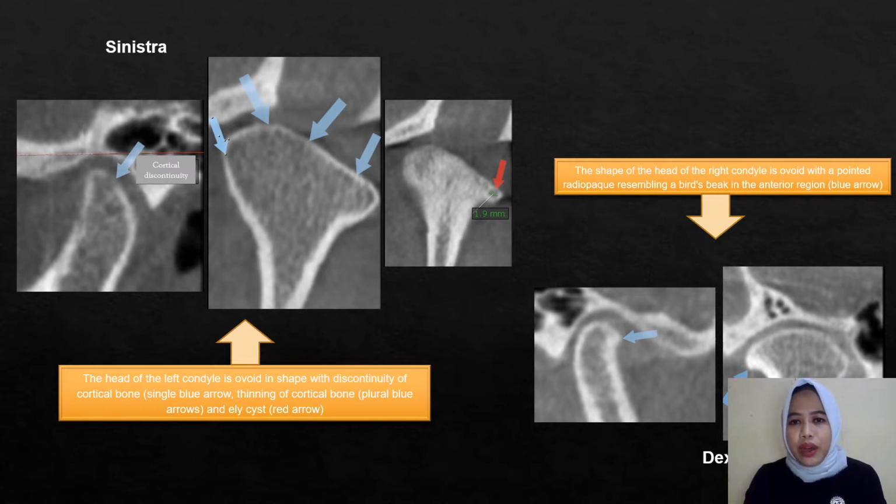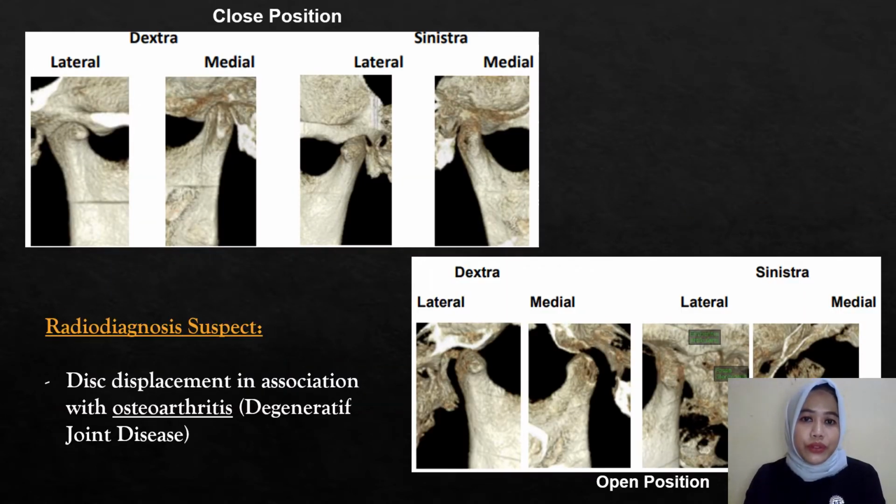Then we found a pointed radio-opaque resembling a bird beak in the anterior region of the head of condyle. We also found a well-defined radiolucent with corticated border on left condyle, and we suspect this radiolucent lesion as a cyst. Based on the radiograph features, we finally suspect this case as disc displacement in association with osteoarthritis or degenerative joint disease.